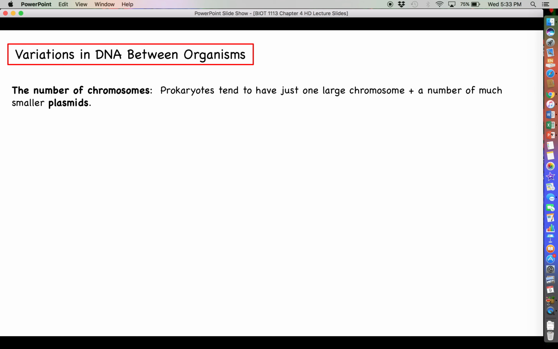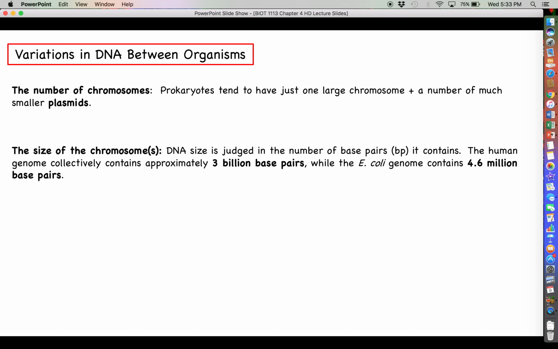The first and most notable is the number of chromosomes. Prokaryotes, like bacteria, tend to just have one big chromosome and their whole genome is on that one chromosome. They do have a number of much smaller plasmid DNA molecules, but that does not represent their whole genome. Those are just accessory genes that they may or may not have depending on different conditions.